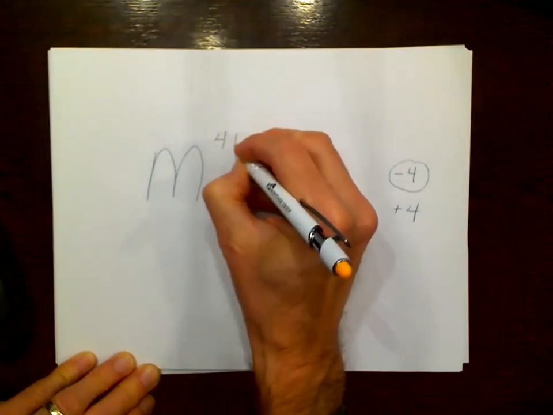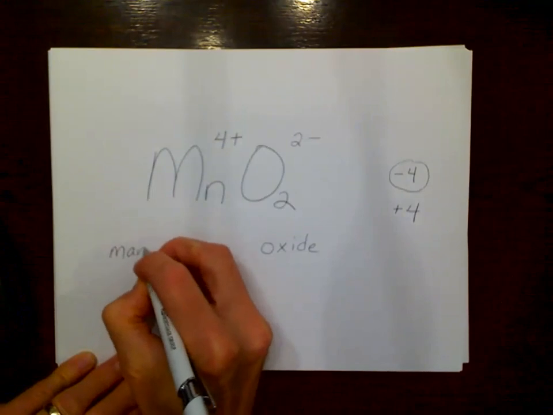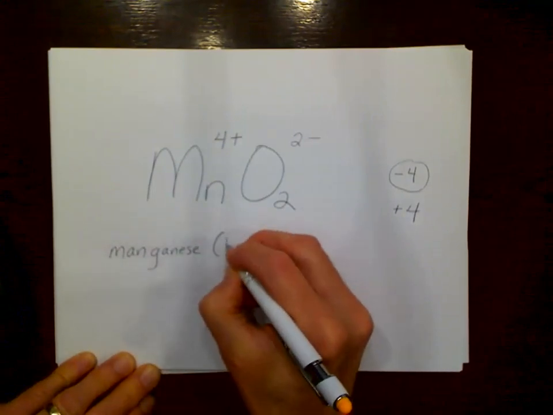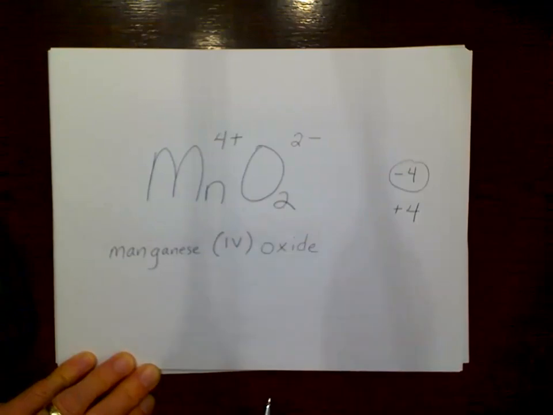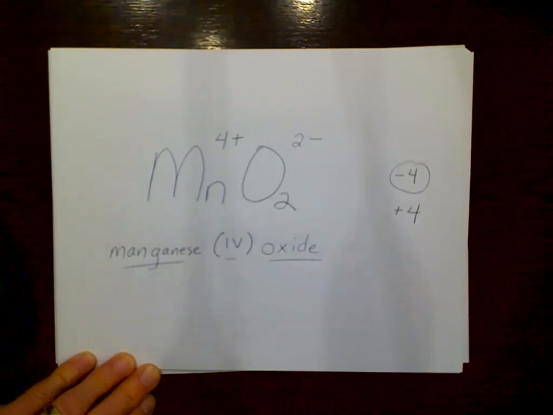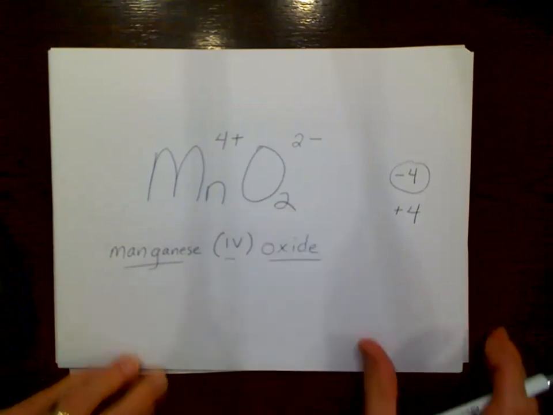So we're going to have a manganese 4 ion, and that's what we call it. The way you write 4 in Roman numerals is IV, so it's manganese(IV) oxide, which would be the name of this particular compound here.